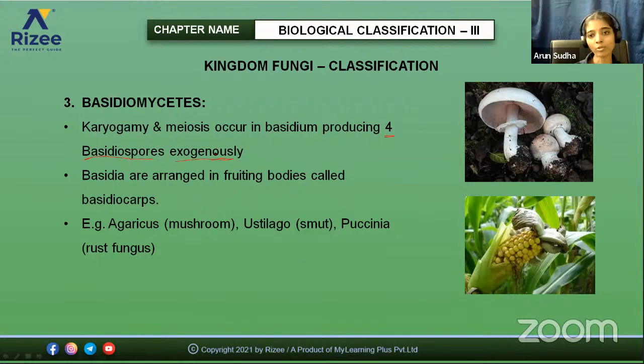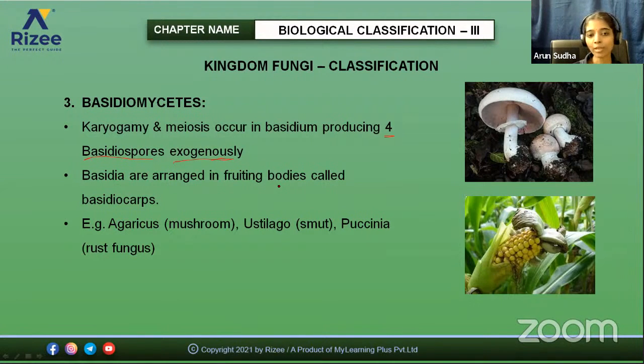So they are not enclosed within any structure. This is one of the main differences between Ascomycetes and Basidiomycetes. In Ascomycetes also there is plasmogamy, karyogamy and meiosis, which results in the formation of ascospores, but with endogenous production of ascospores, whereas here there is exogenous production of basidiospores.